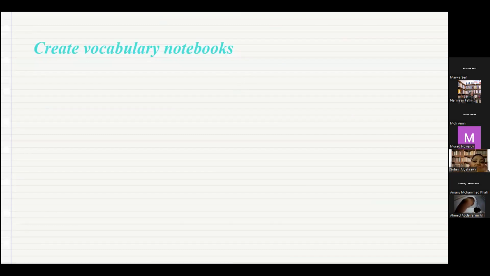If they are intermediate or upper, you can ask them to write a paragraph or write 5 or 6 sentences using the same word. You can ask them to write the synonym or the antonym, so you can adapt the activity or adapt the techniques according to your students' level.